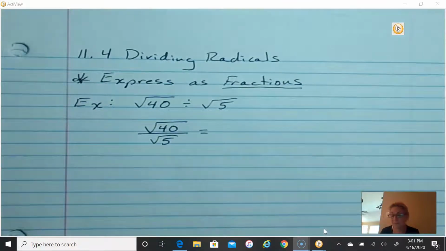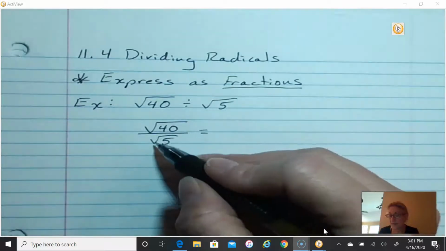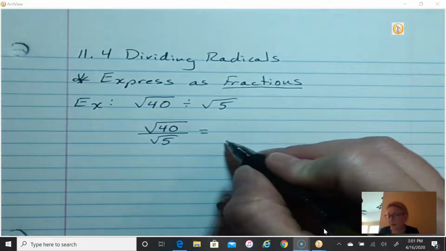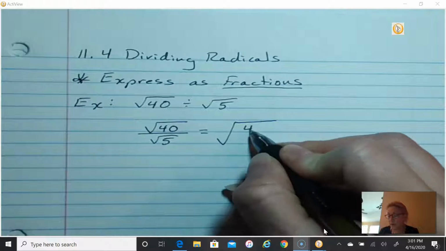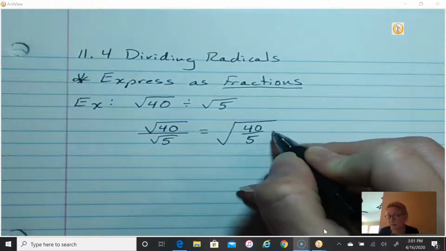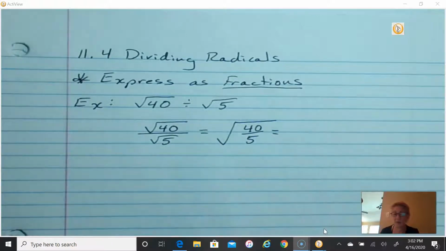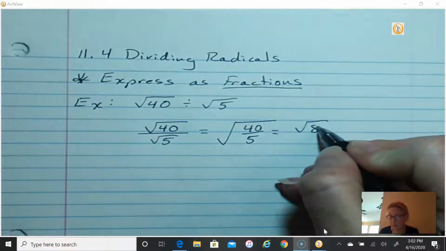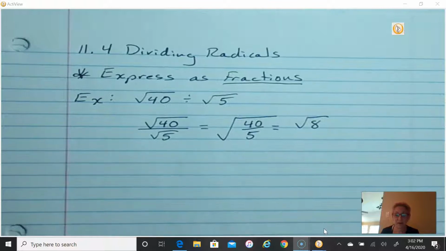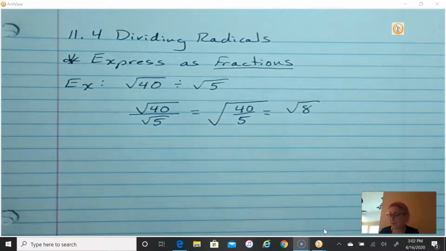Let's go ahead and take away the radical sign, make it as one big radical sign. What is 40 divided by 5? 8. So you have radical 8. Now you simplify.